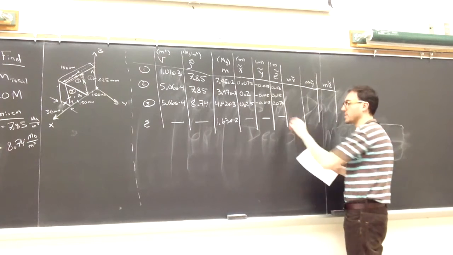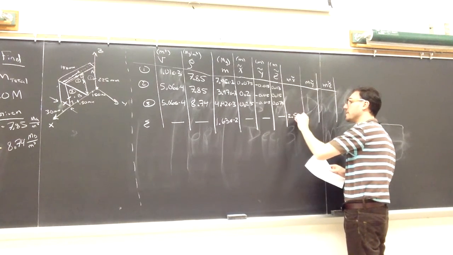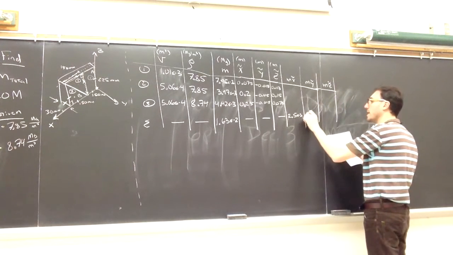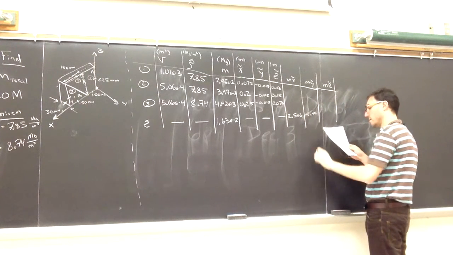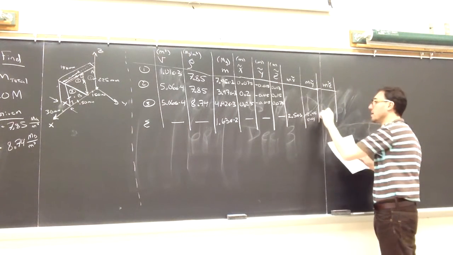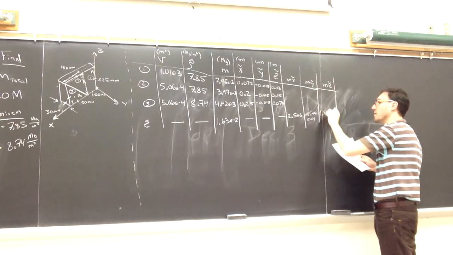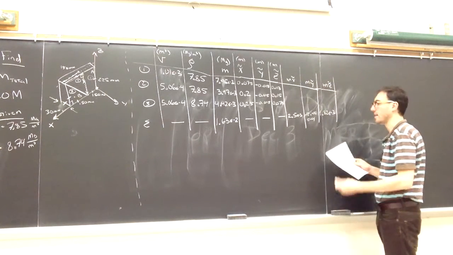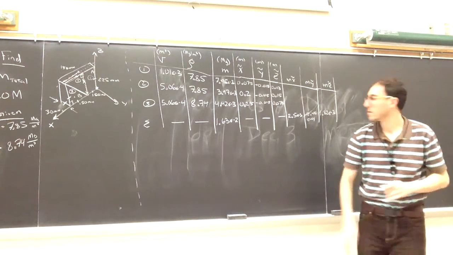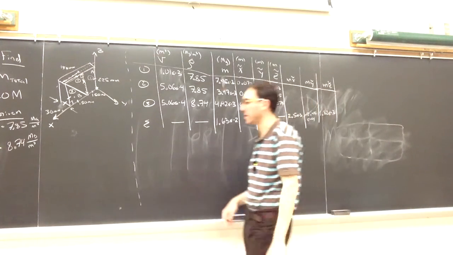We get 2.5 times 10 to the negative third as the total for m x tilde, negative 2.45 times 10 to the negative 4 for m y tilde, and 1.82 times 10 to the negative 3 for m z tilde. You can multiply that out for the steps in between.